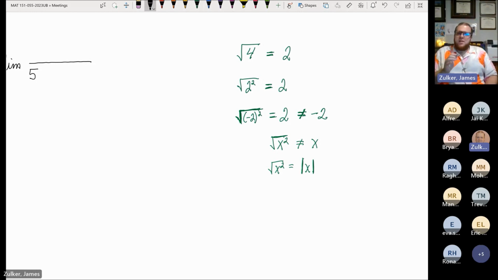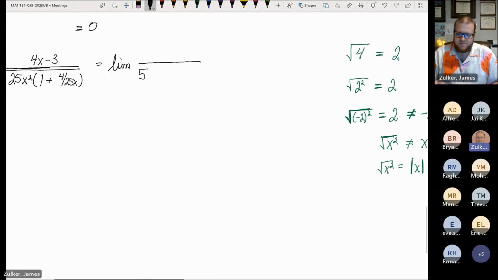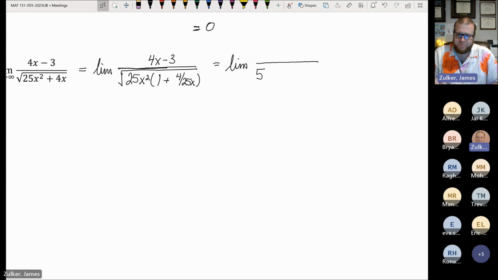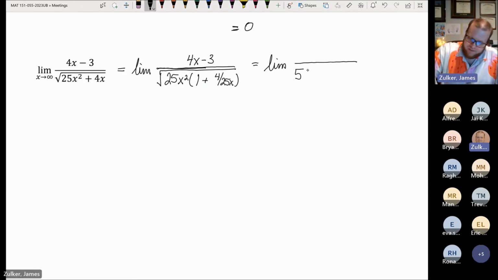Because by definition, the square root of a number always gives the positive root, never the negative, right? So the square root of 4 is 2, not negative 2. That is very important to remember. So when we factor the 25x squared and take its square root, it's 5 times the absolute value of x. And you're going to see why that's important.